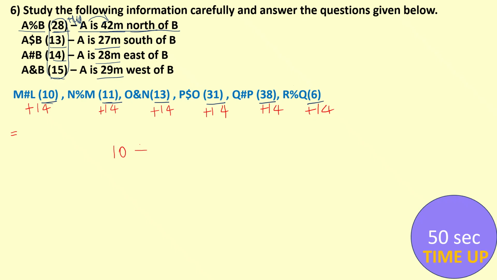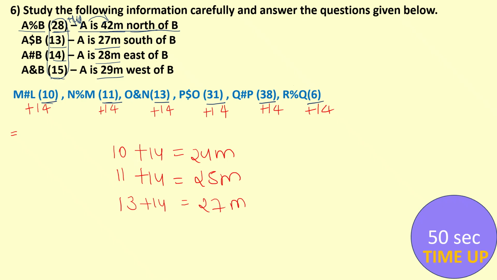So 10 plus 14 will be 24 meter. 11 plus 14 will be 25 meter. 13 plus 14 will be 27 meter. 31 plus 14 will be 45 meter. 38 plus 14 will be 52 meter.